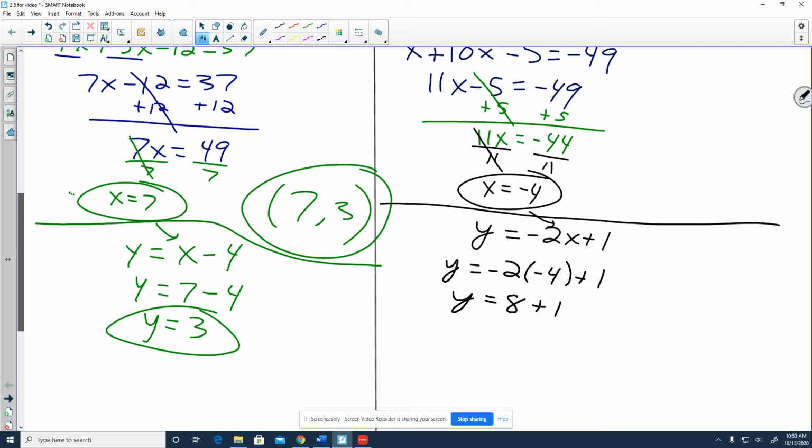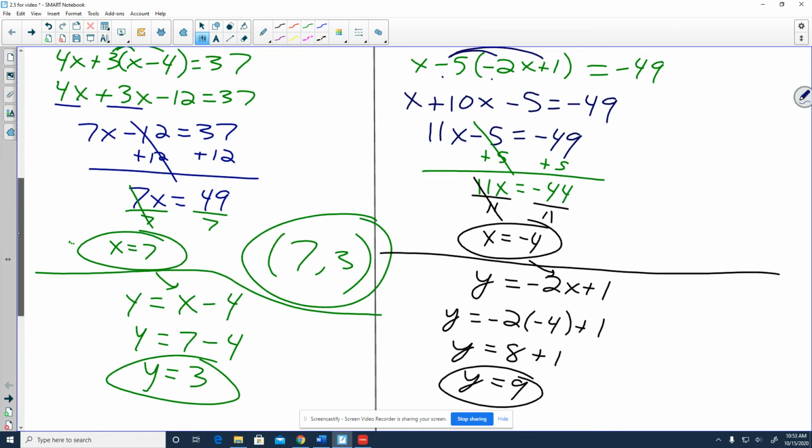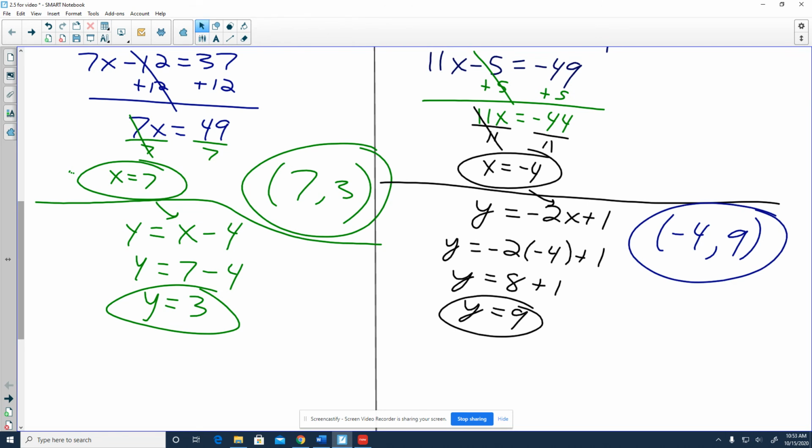And 8 plus 1 gives me 9. So now I have an x. I have a y. So the solution to my system of equations is negative 4, comma, positive 9. If I graphed both of those lines, they would intersect at negative 4, comma, positive 9.